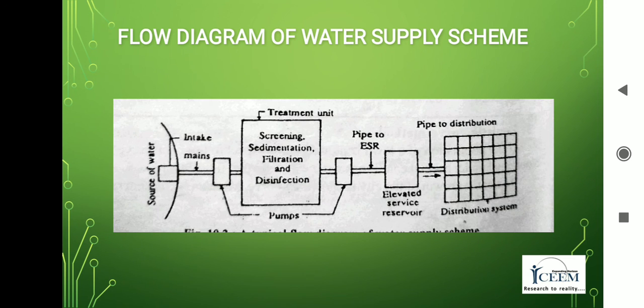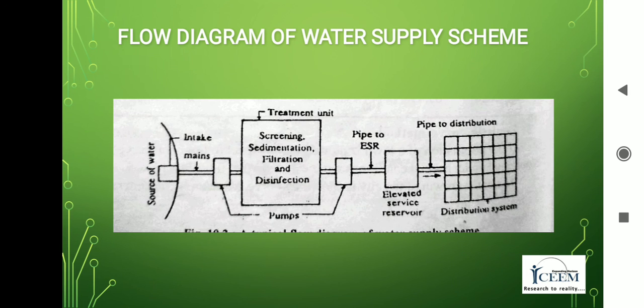The next process is sedimentation. The coarser suspended matter is removed by reducing the velocity of flow of water in a tank. Sometimes chemicals are also used to increase the rate of settlement of the particles, that is sedimentation.